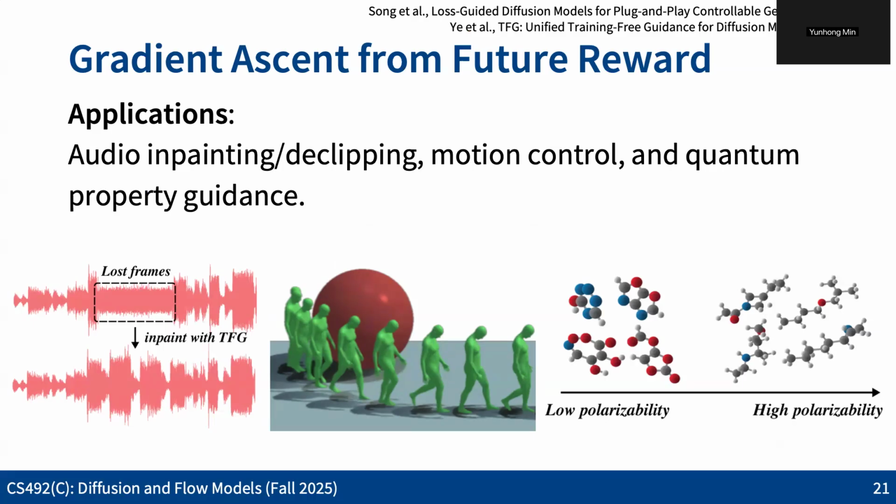For example, for motion generation, we can guide the motion in a way that it avoids collision with objects in the scene. If we define a reward function that avoids collision with the given objects, that can be used on the trajectory to make the motion avoid those collisions.